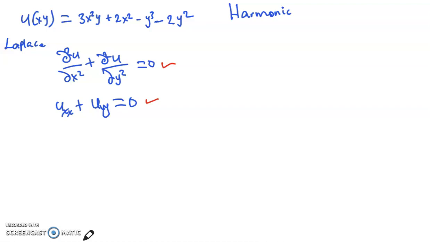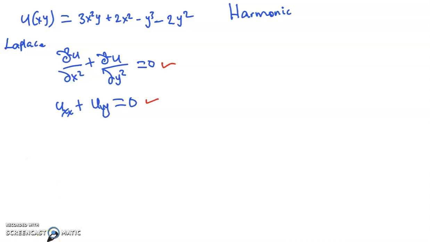You will still arrive, but the distance covered will not be the same. So I won't be writing all this out, I will be using this notation. Okay, so let's see whether this function is harmonic or not.